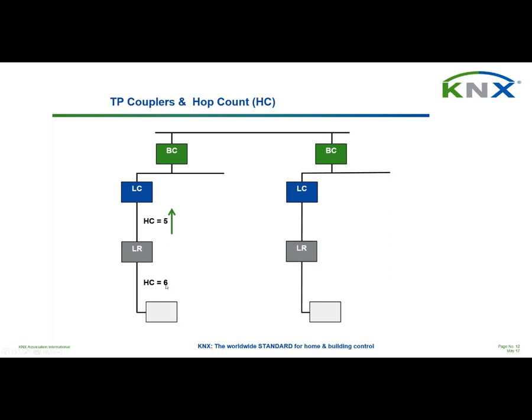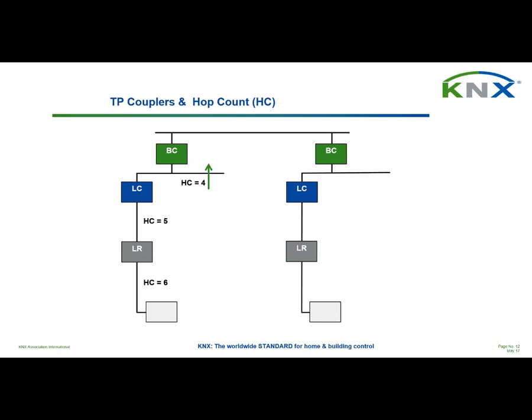So it will go from 6 to 5, and then the same will happen with the line coupler. The line coupler will receive it via its secondary line, and will copy it into its primary connection if the group address is in the filter table, which we can just assume in this case.